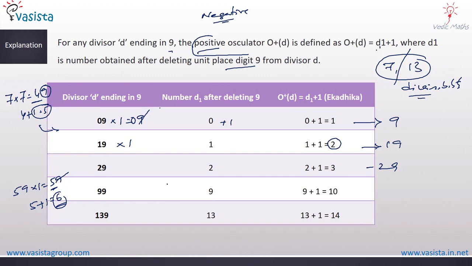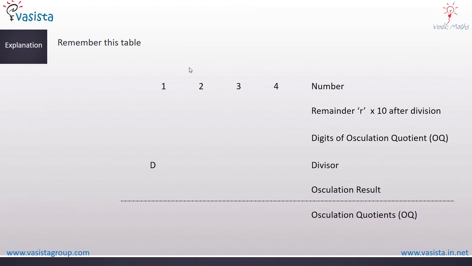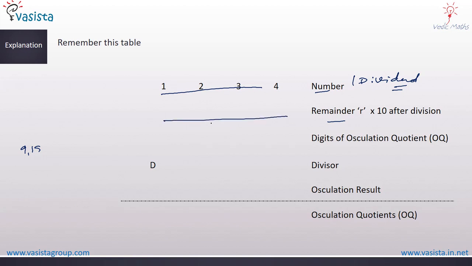Once you understand this, let us go on. The table structure will be like this. The number I mention here is the dividend. The next row is the remainder, that is r into 10, after division. When you divide the given dividend by the divisor, which may be 9, 19 or any number, you get some remainder, which you place in this particular row.